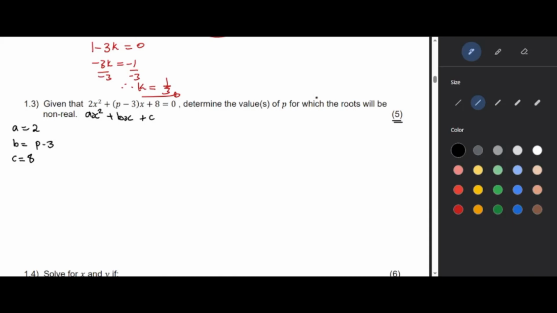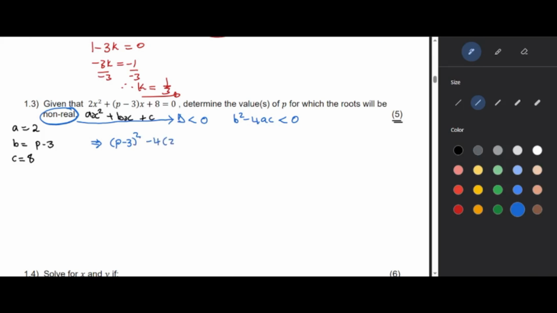What is the formula for the discriminant? b squared minus 4ac. It must be less than 0. Then we're going to substitute into that formula. What is the value of b? It's p minus 3. This is squared.